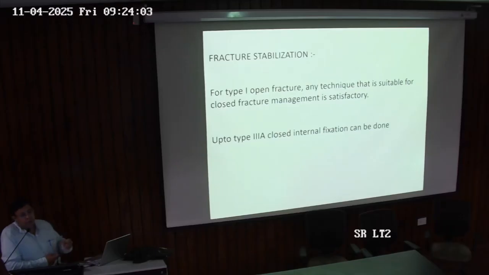The sharp end of the bone has pierced through the skin. So here we can treat it as a closed fracture also, and we can put a plate or nail. And other severe injuries we usually temporarily fix with the external fixator.